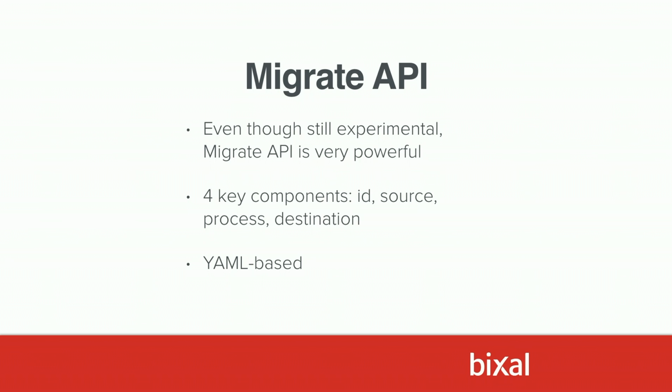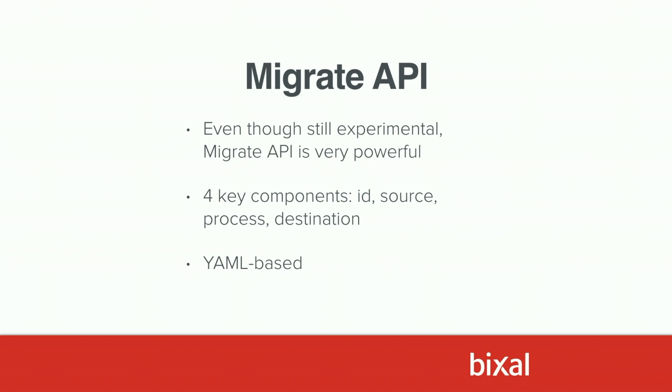The process is the mapping between the data that we have and our Drupal 8 fields. Also in the process, we can add the data transformations that we might need to do for Drupal to be happy, and we're going to see an example of this. And the destination is where we are going to put all this information. So we're going to be getting it from somewhere.